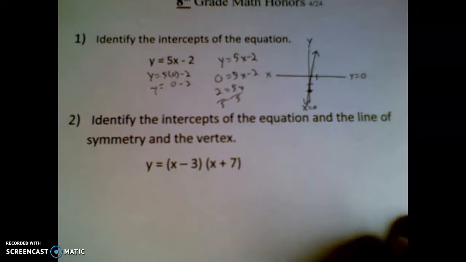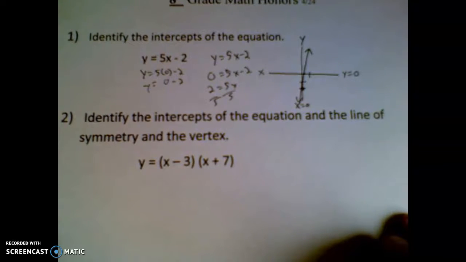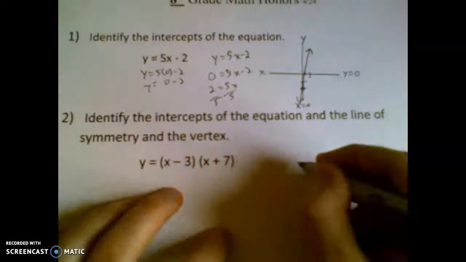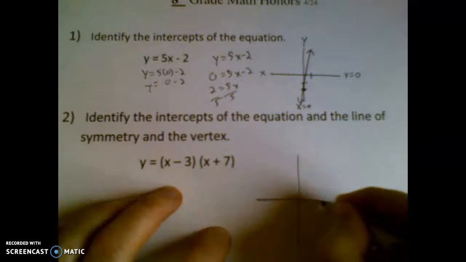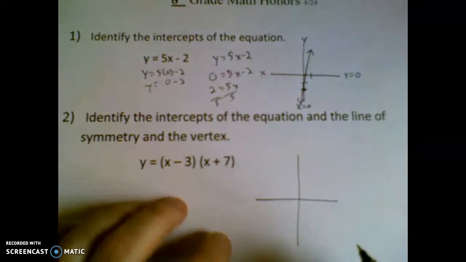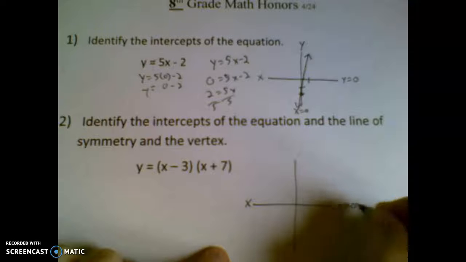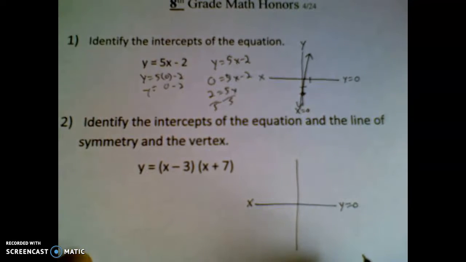All right, number 2, identify the intercepts of the equation of the line and the line symmetry and the vertex. So this is quadratic, but the same idea that I did for the linear equation we can use here. So if you want to find the x-intercepts, that's when y is equal to 0.